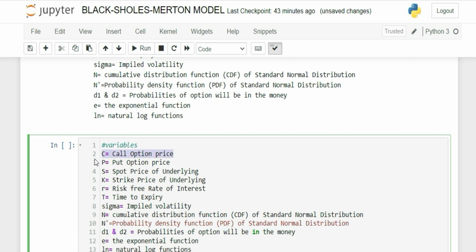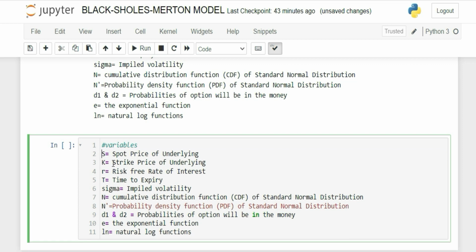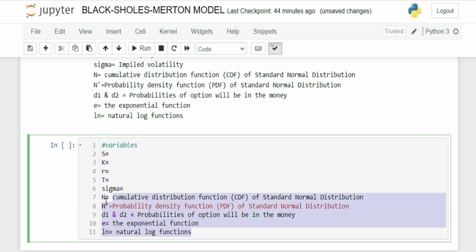We are going to calculate the call option price, so I'm going to delete it. The put option price, I'm going to delete it. So: spot price of the underlying, strike price of the underlying, risk-free rate of interest, time to expiry, implied volatility, and all the rest we are going to calculate.